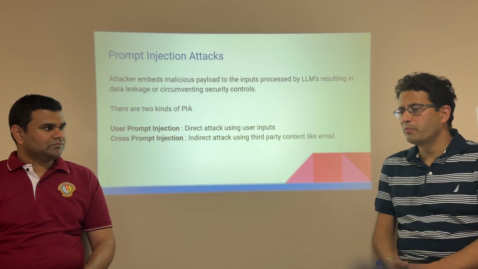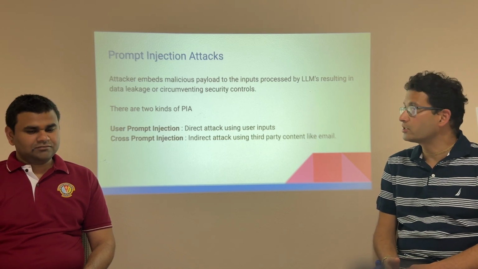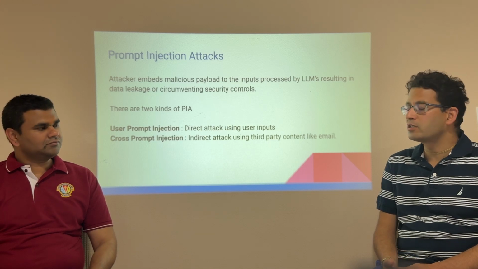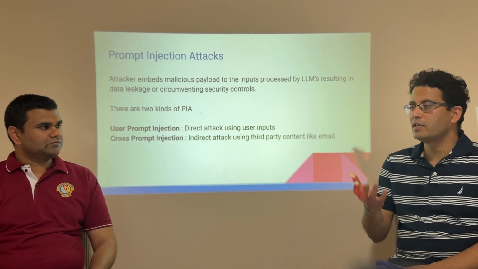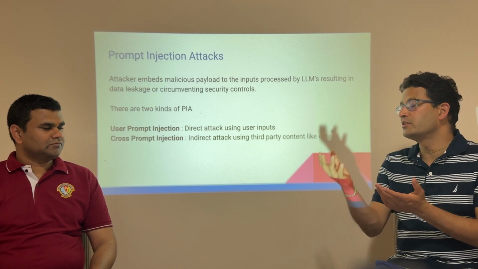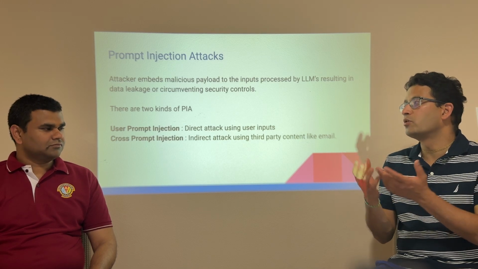There are two kinds of prompt injection attacks: user prompt injection and cross prompt injection. In user prompt injection, the user himself passes a malicious prompt, and the system behaves in such a way that it responds with some information which it should not reveal.